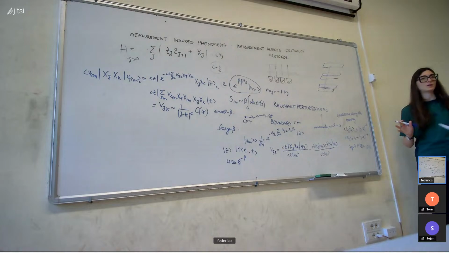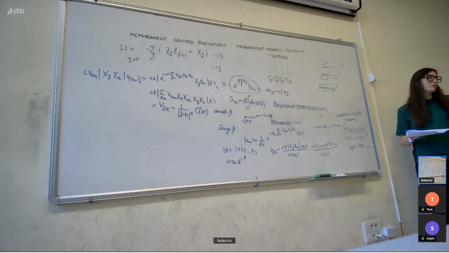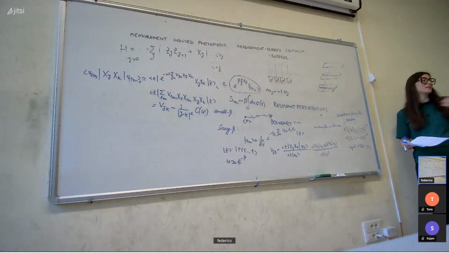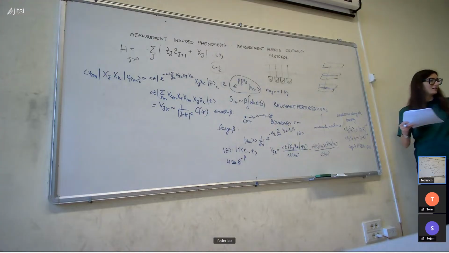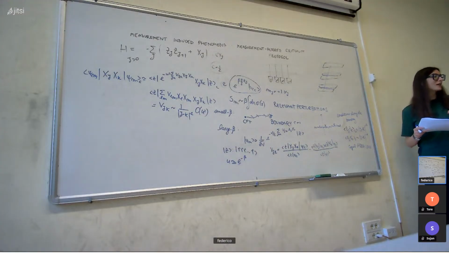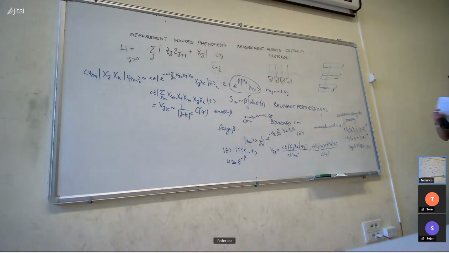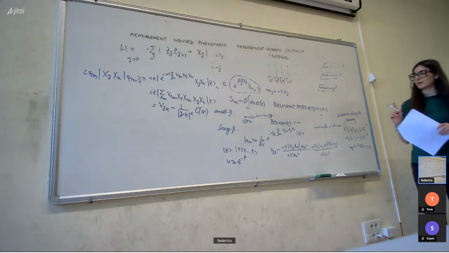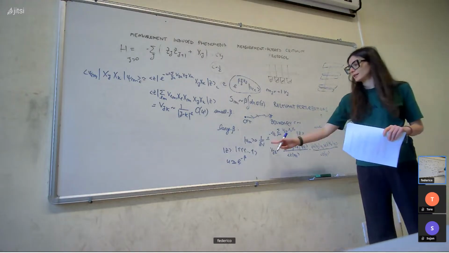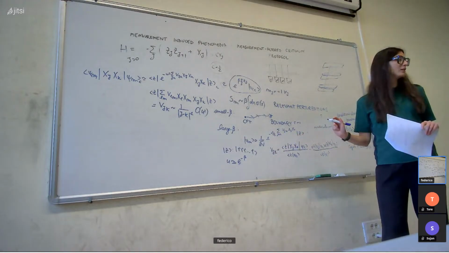And this is somehow counterintuitive, because usually when you think in terms of area law and entanglement entropy, you think about exponentially decaying correlation functions. So how can we reconcile the two things? To match these two things, it was useful for us to compute the parent Hamiltonian of the state.